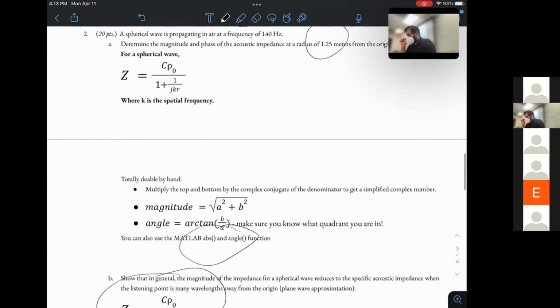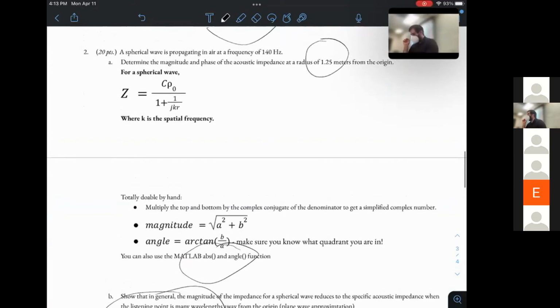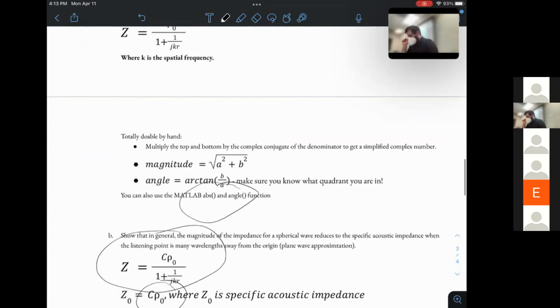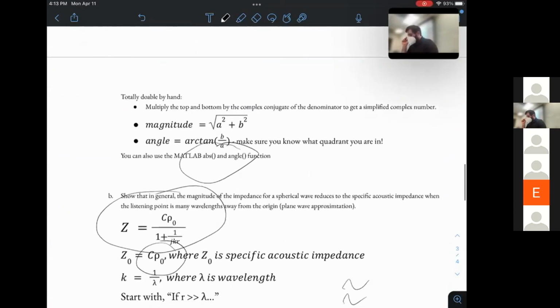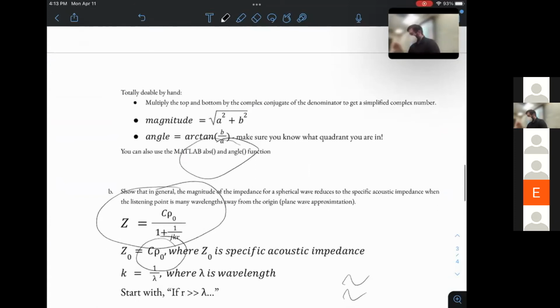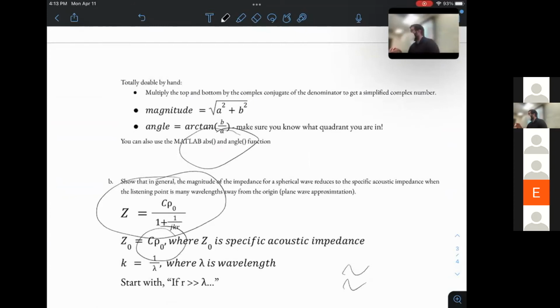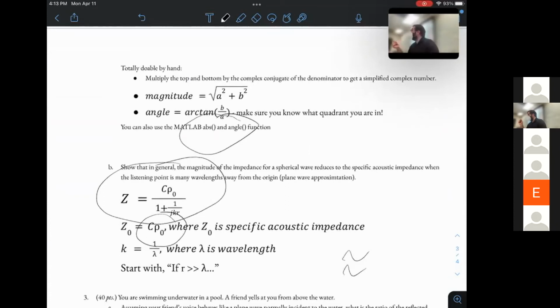But this is just the equation for impedance, spherical wave. Cool. You might practice a little bit with imaginary numbers or complex numbers, like taking magnitudes and angles by hand, if you've always done that with MATLAB or whatever, or maybe just know how to do it with your calculator.